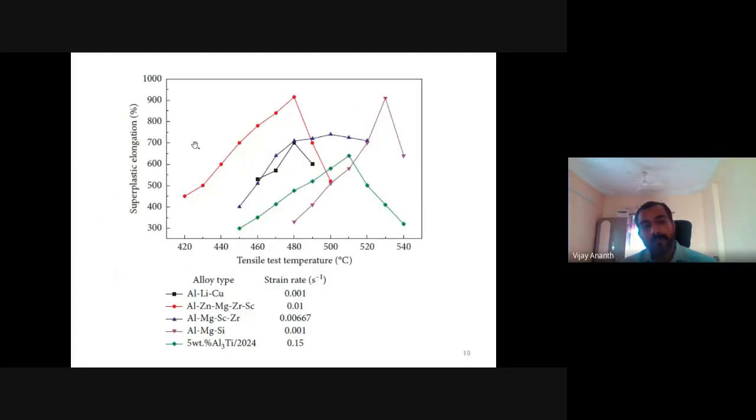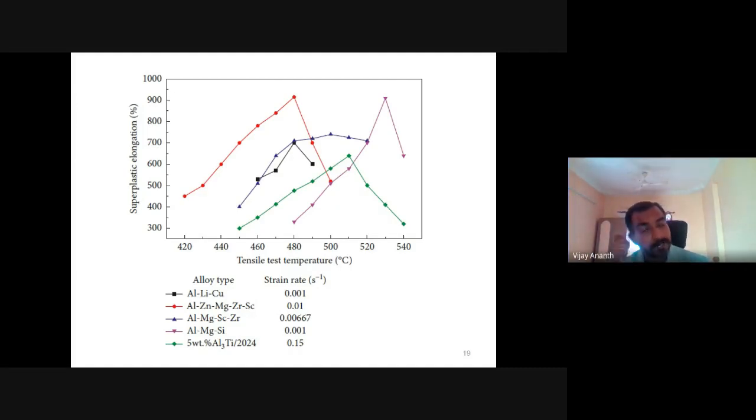So these are some of the elongation capabilities and the temperatures. How much temperature for different alloys is given. Aluminum, zinc, and zirconia gives 900% elongation at a temperature of 480 degrees centigrade, right? Another high elongation alloy is aluminum, magnesium, silica, the 6000 series aluminum.